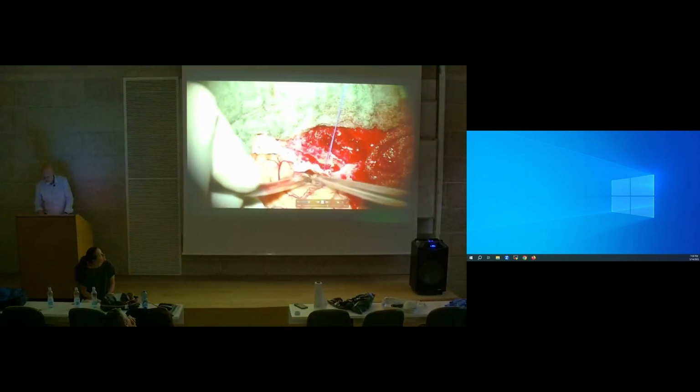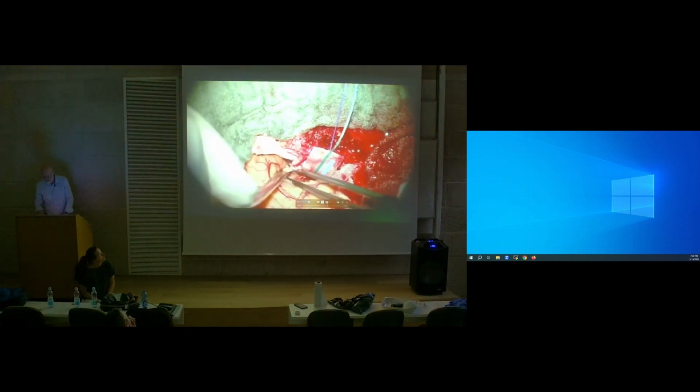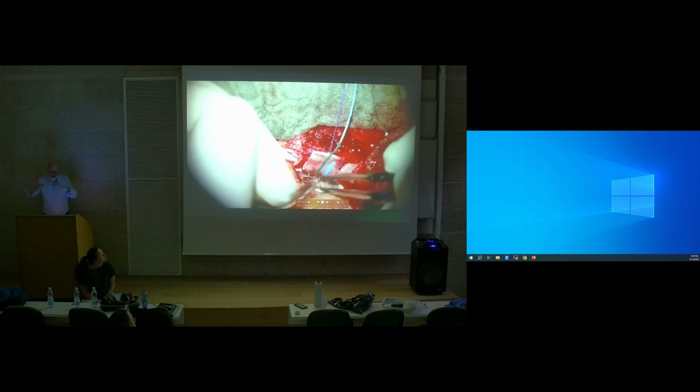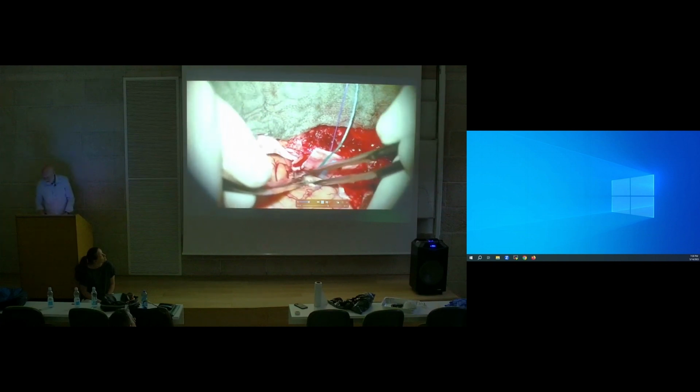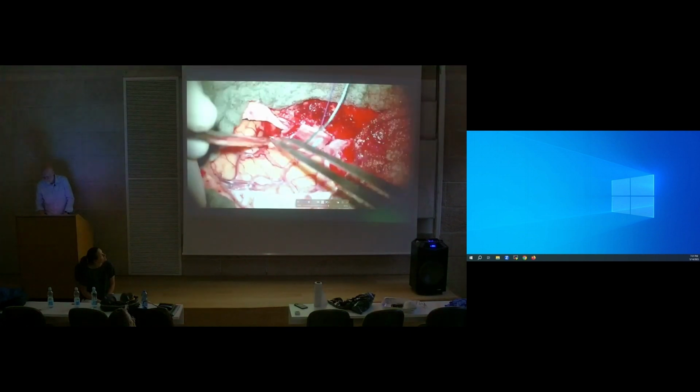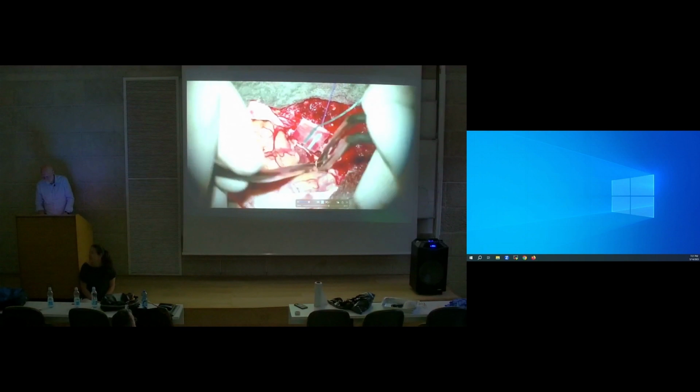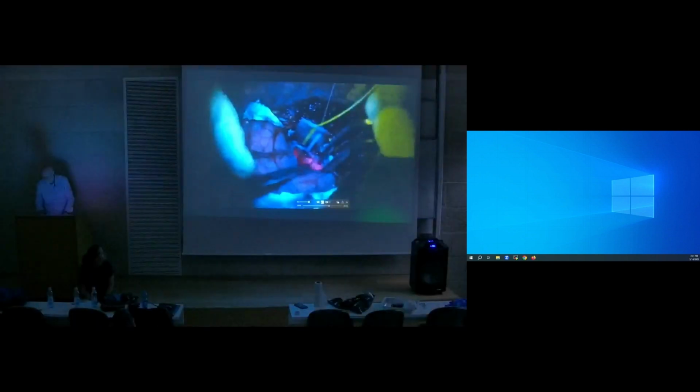We take a small sample to send to the frozen section. And then we work on the pia mater because this is a natural border, and we do the resection. Just imagine how many things can go wrong so far.